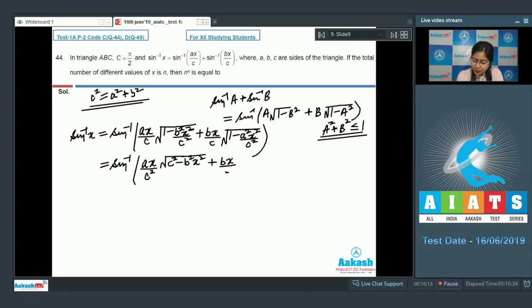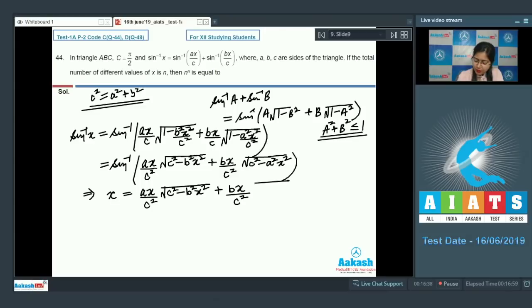Similarly here bx upon c square into under root of c square minus a square x square, right? This is obtained here. Now we can directly say x is equal to ax upon c square into under root of c square minus b square x square plus bx divided by c square into under root of c square minus a square x square.